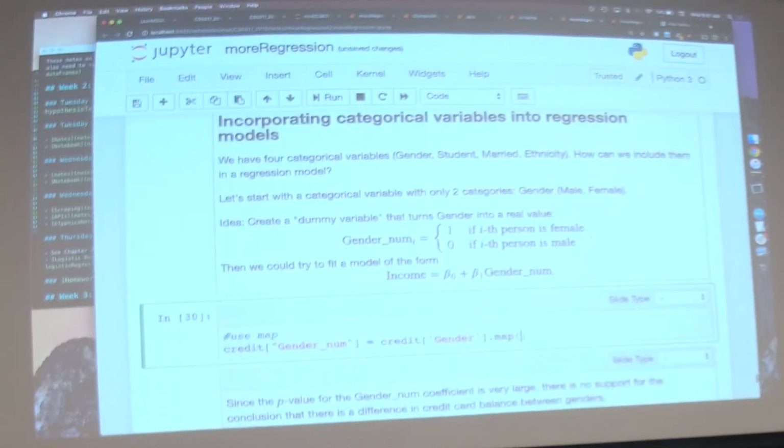This time, we used a function before with map, but you can also pass a dictionary and it will look up the values. So I'll say female 1, male 0.